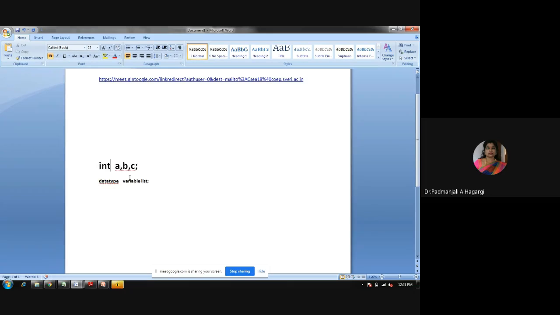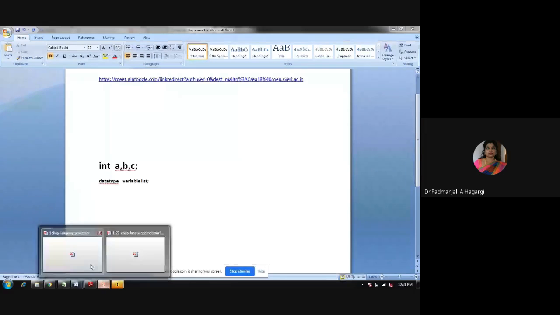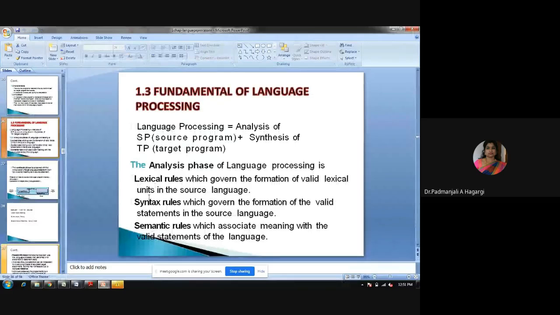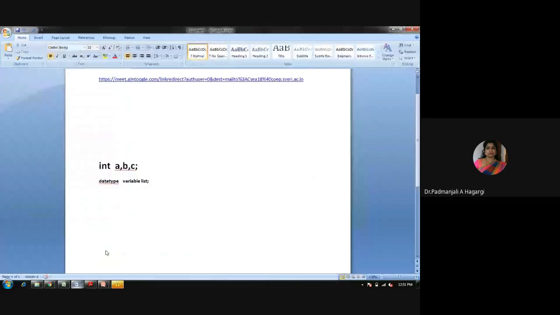The lexical analysis governs whether those words belong to the language or not, and the syntax rule governs the formation of the valid statement in the source language. How can a statement be valid? Yes, this is valid.